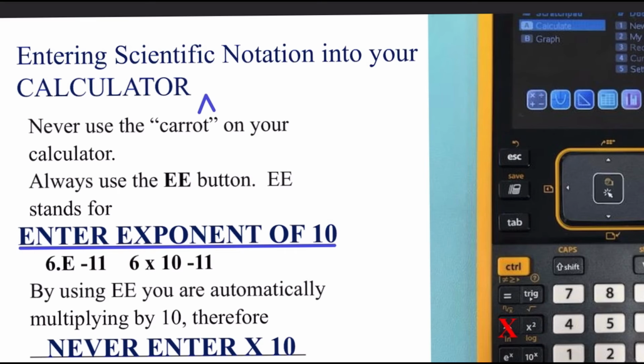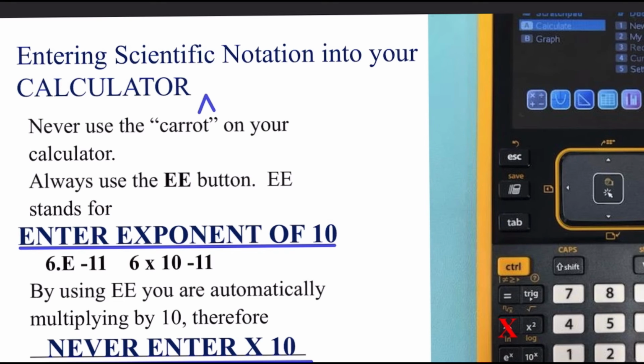EE stands for enter exponent. And when you use that, it means you're automatically multiplying by 10. So if you press that, and then you multiply times 10, then you're multiplying it again times 10. So never, ever enter times 10 in your calculator. I'm giving you a minute to write that in.